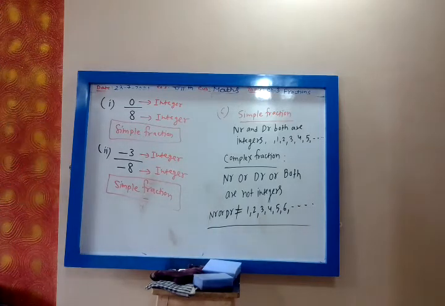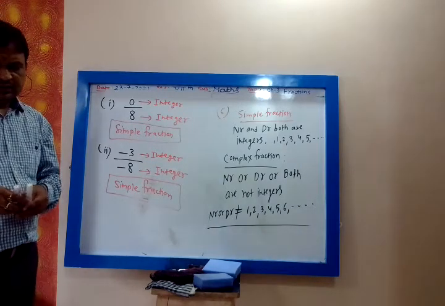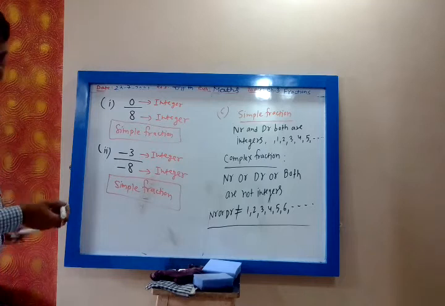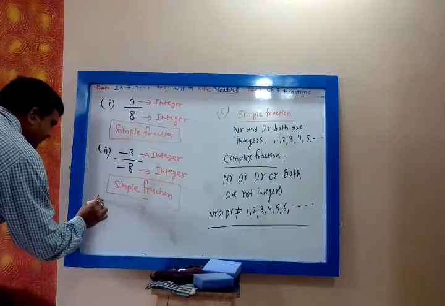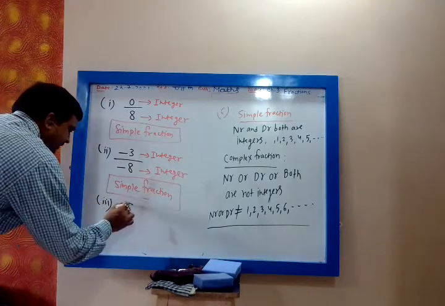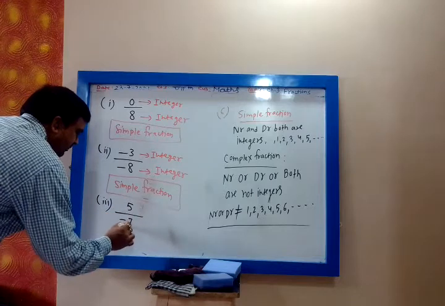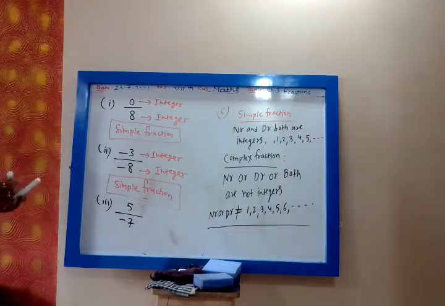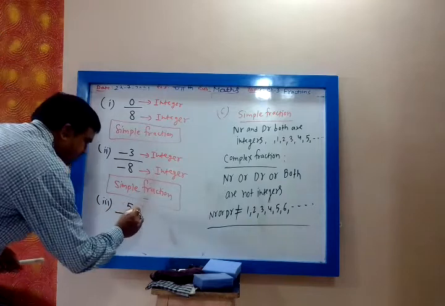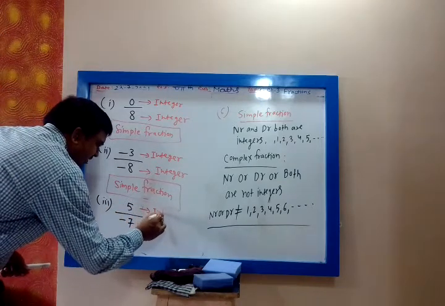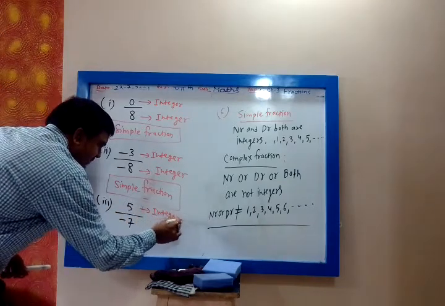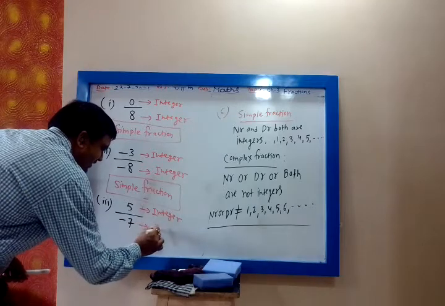In my textbook it is given. Now third, 5 upon minus 7. What about 5 upon minus 7? Tell me, what is 5? 5 is an integer, positive integer. And minus 7 is a negative integer.